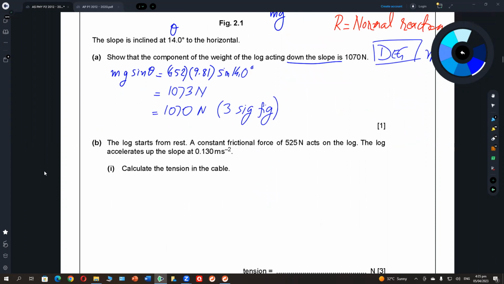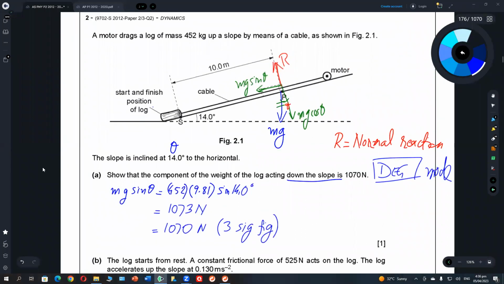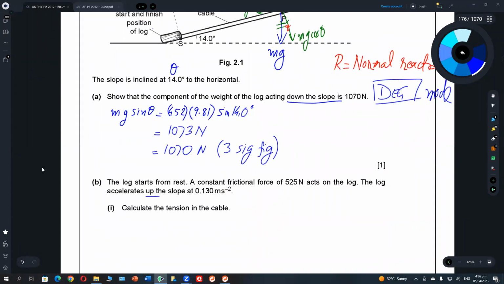A constant frictional force of 525 Newton acts on the log and accelerates it up the slope at 0.13. He says accelerate up, so they are taking the slope up. If they are taking the slope up, where should I show the friction? Upward, downward?